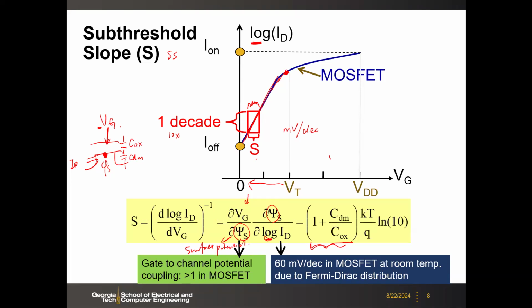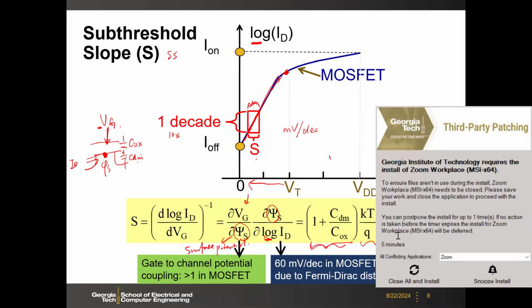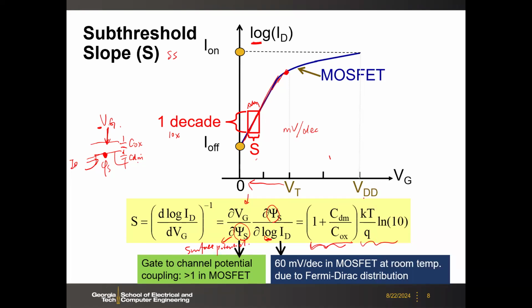This Vg divided by phi s is the ratio of those two, the ratio of, let's say, CDM over the total. You just apply the simple capacitors-in-series rule, and you will get this. So the second one is how the drain current would vary depending on the surface potential.